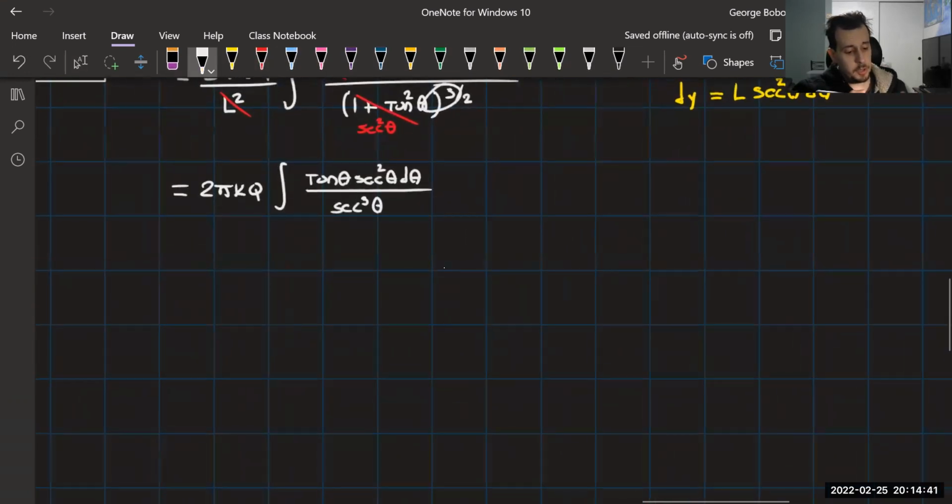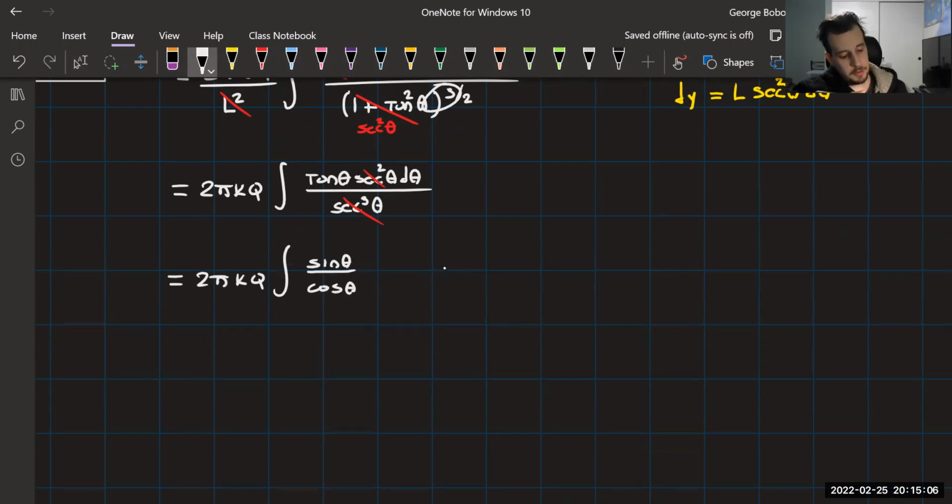When these cancel, what you remain with overall is 1 over secant, or just cosine. That's what 1 over secant is. You might think it's still pretty complicated to solve this integral, but you'd be wrong, because tangent is sine theta over cosine theta.